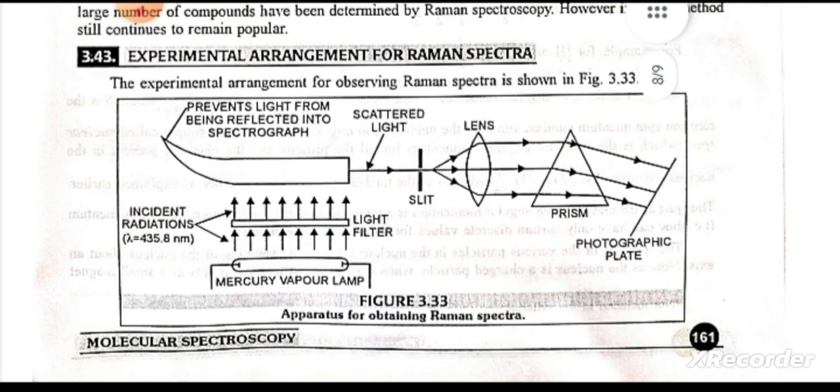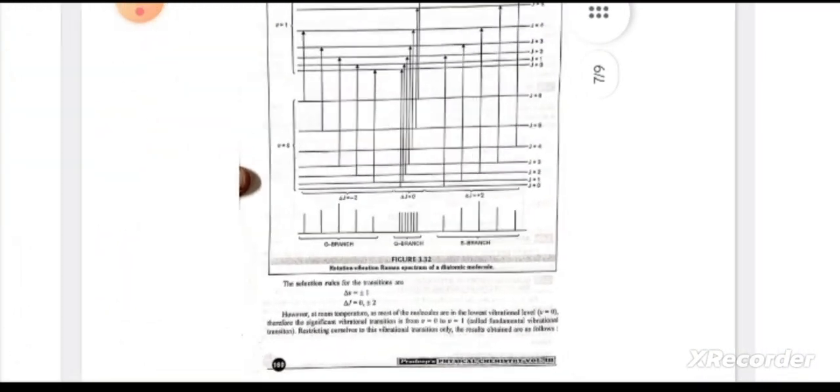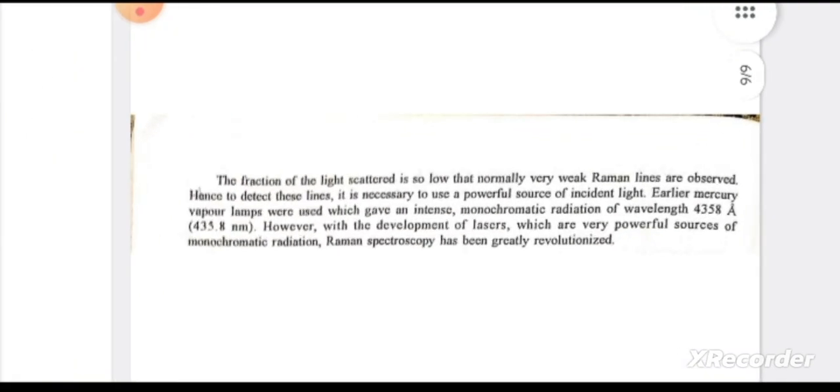3.43 Experimental arrangement for Raman spectra. The experimental arrangement for observing Raman spectra is shown in figure 3.3. The fraction of the light scattered is so low that normally only weak Raman lines are observed. Hence, to detect these lines, it is necessary to use powerful sources of incident light.